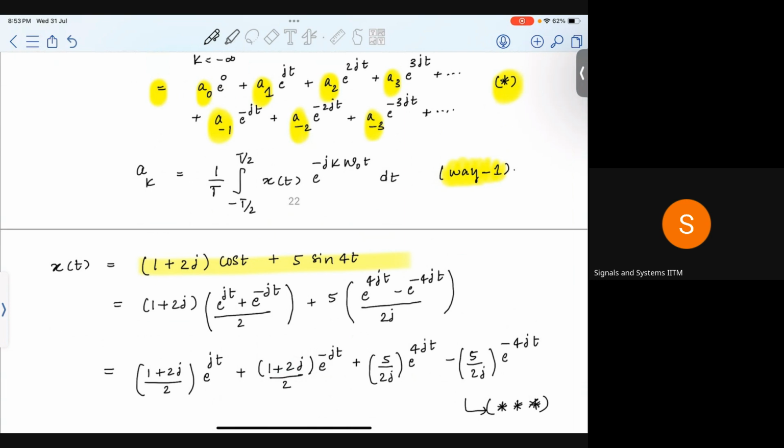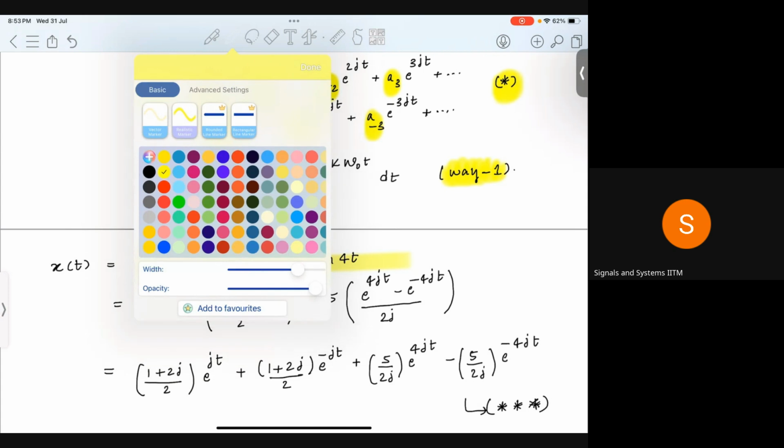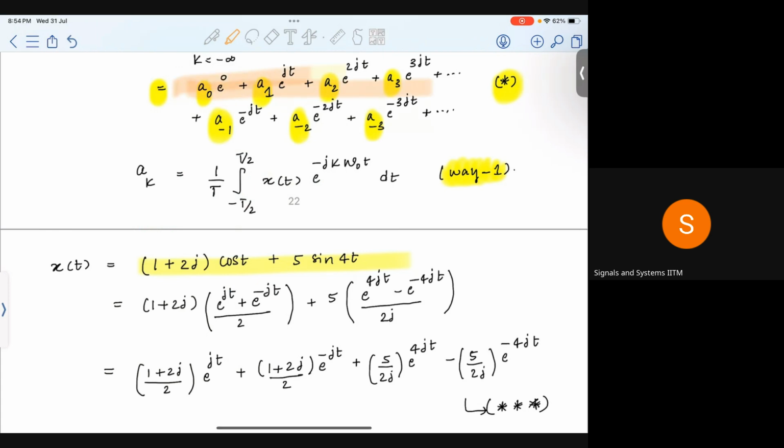When this equation and that equation are equal, what does it mean?